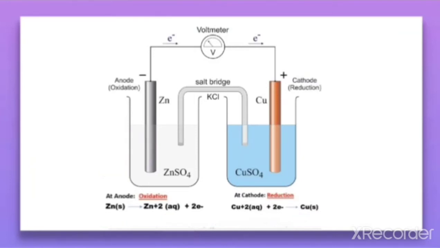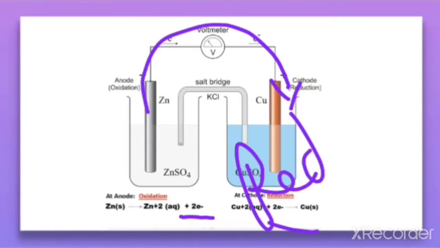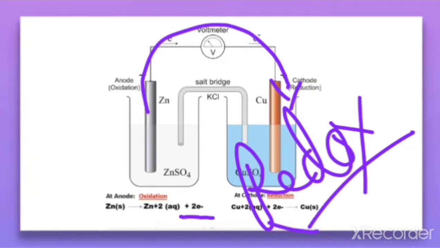So here we need to discuss the role of the salt bridge, because there is a conversion of chemical energy into electrical energy, due to the flow of charges. In the anode, oxidation is taking place due to the loss of electrons, and in the cathode region reduction is taking place, due to the gain of electrons. So redox reaction is taking place.